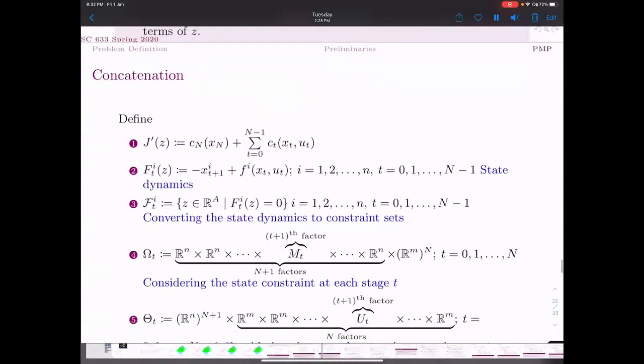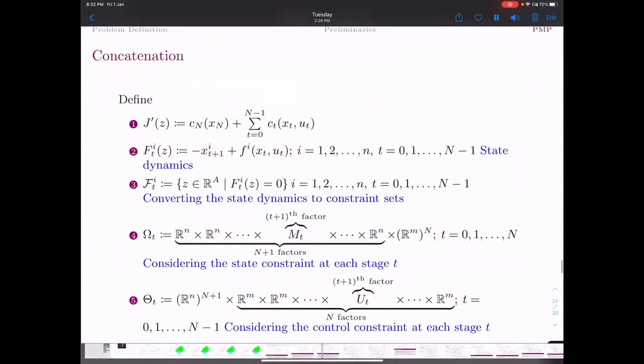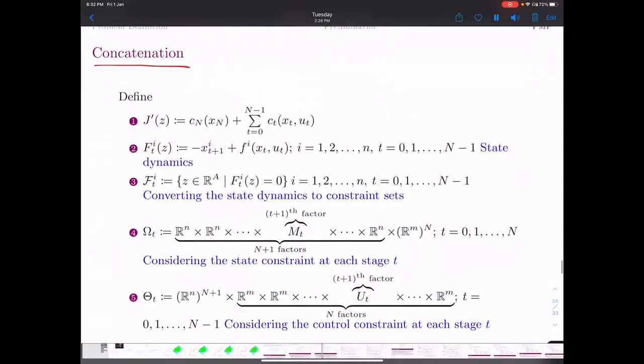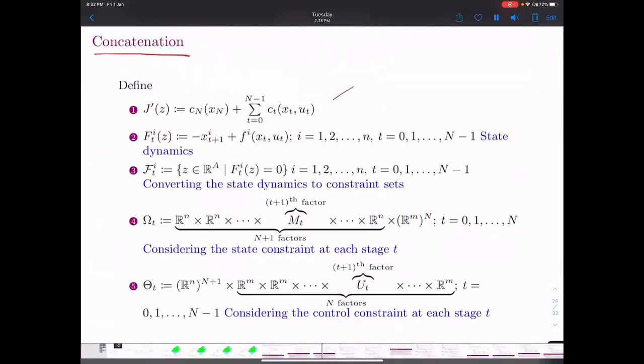So first and foremost, let's look at this concatenation. Okay, so this is your cost.